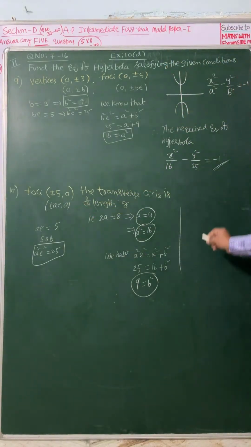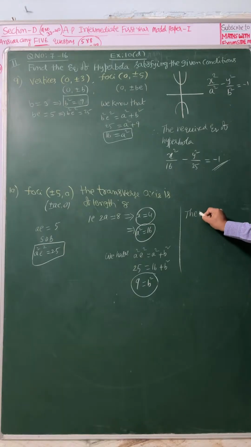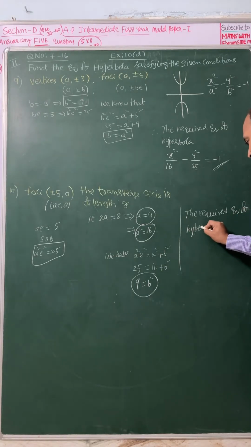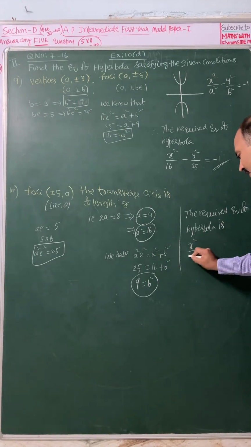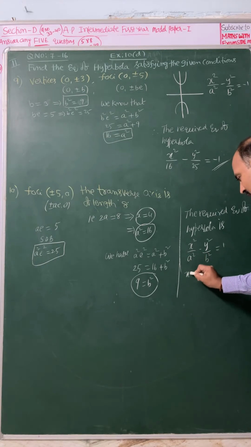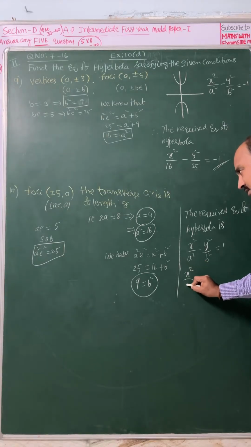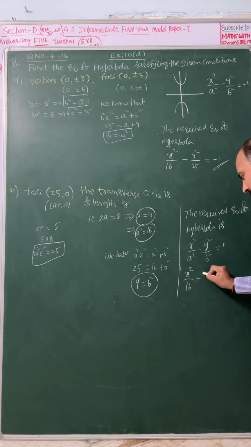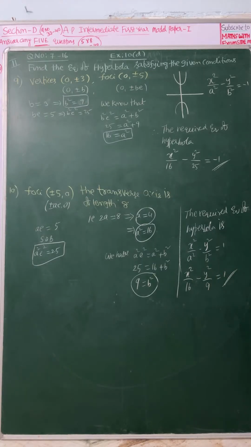Therefore, the required equation of hyperbola is x square by a square minus y square by b square equal to 1. So a square, b square respective values substitute. X square by 16 minus y square by 9 equal to 1. I hope you understand, students.